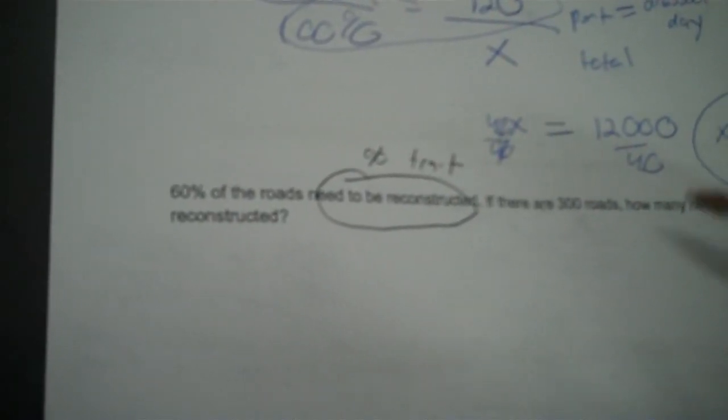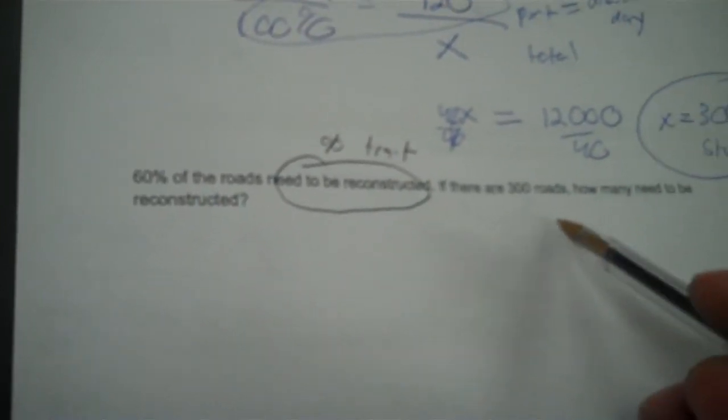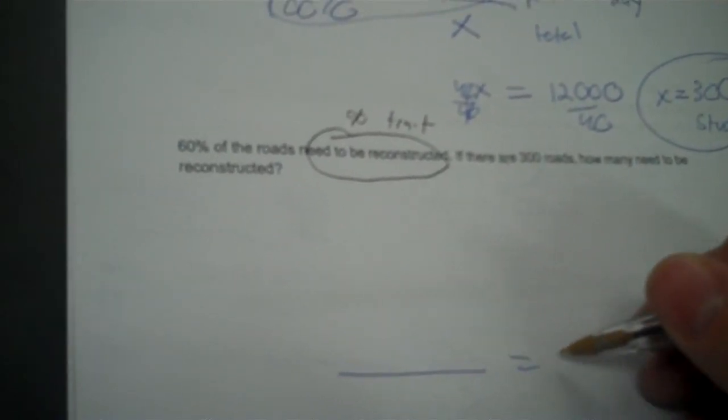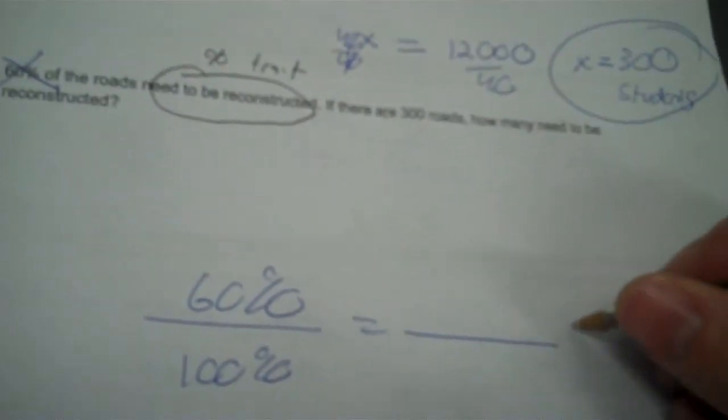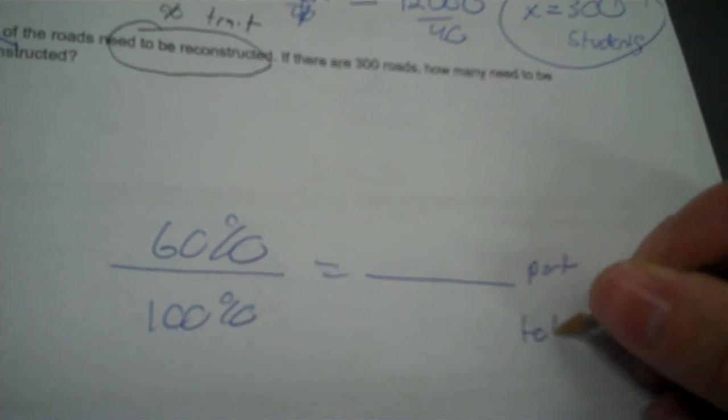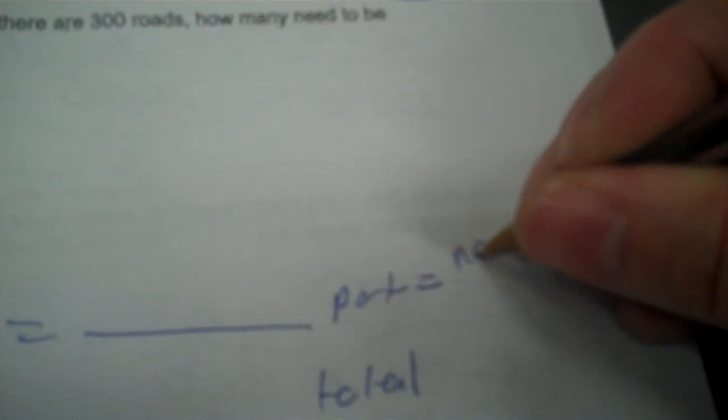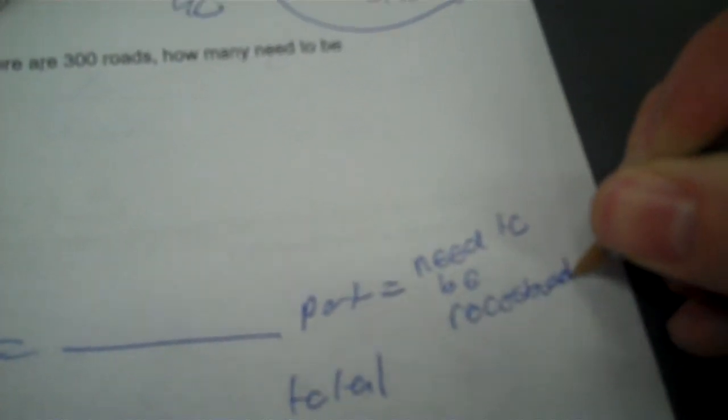60% of the roads need to be reconstructed. If there are 300 roads, how many need to be reconstructed? Okay. 60%. Then forget about the 60. Okay, part over total. I have to really focus in on where to put that 300. So the part equals what needs to be reconstructed. So if you're able to tell me how many roads need to be reconstructed, you can put the number here.